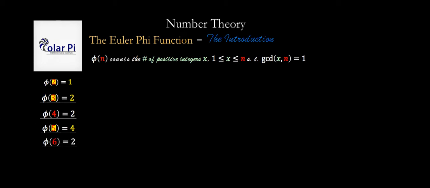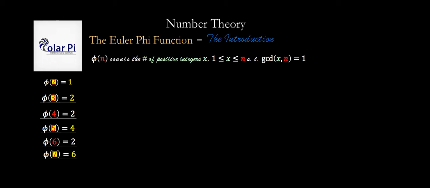And then phi of 6 is 2 because only 1 and 5 do not share a common factor with 6 when looking at the list, which is 1 through 6 this time. And phi of 7 is 6 because the list this time is 1 through 7, and 1 through 6 do not share a common factor with 7.